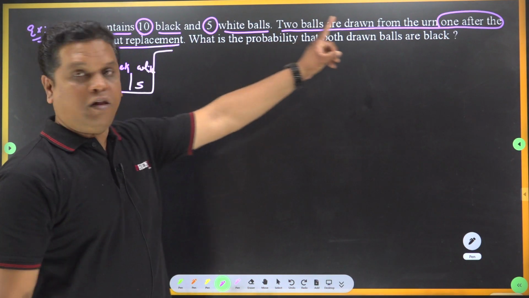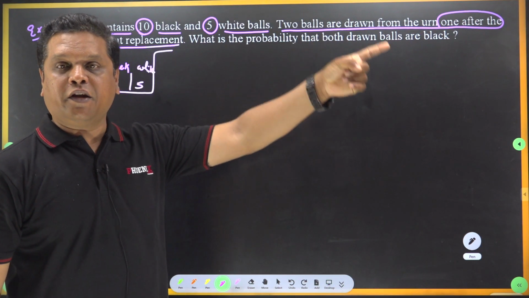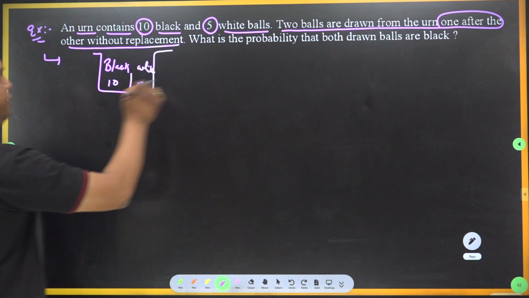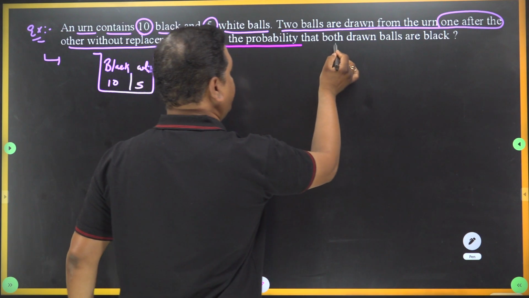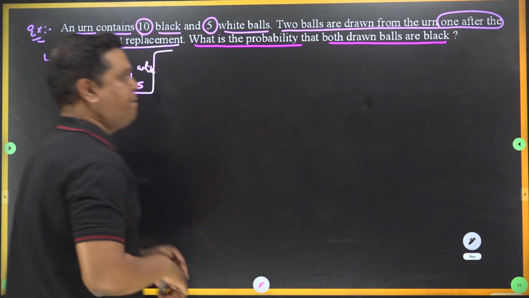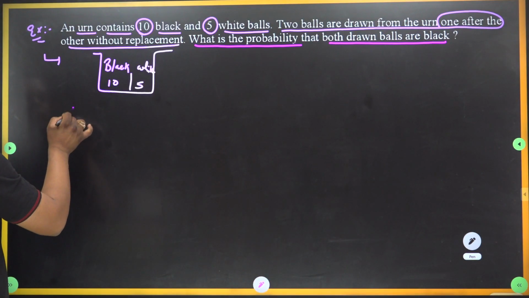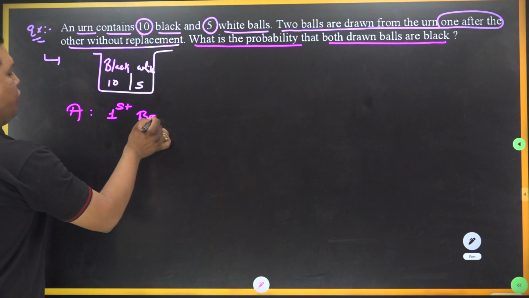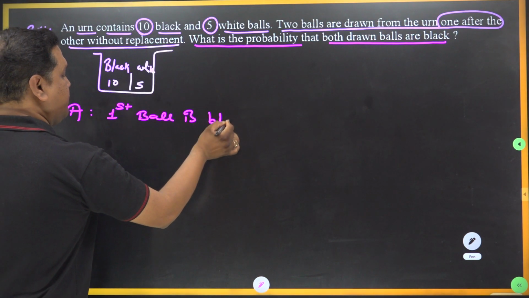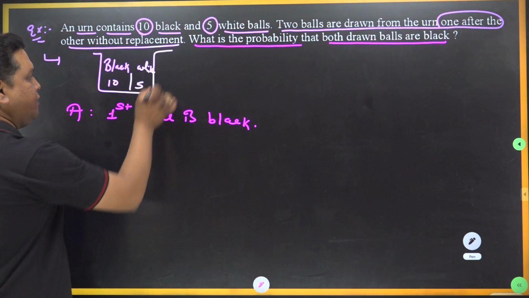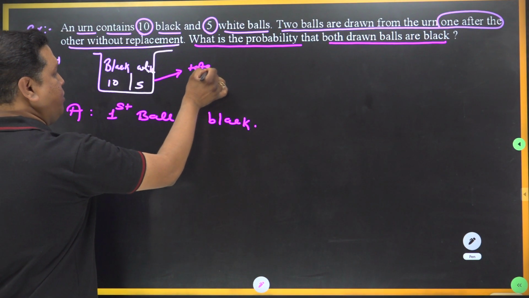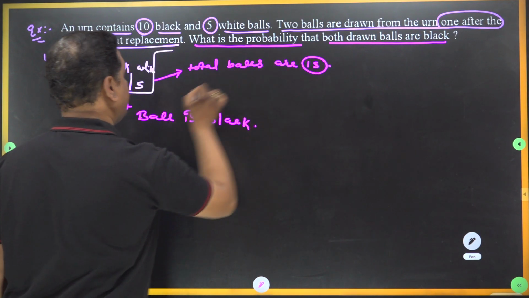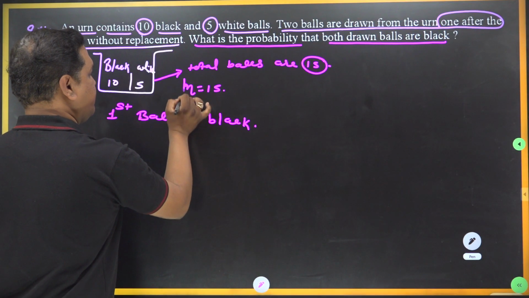So 2 balls are selected one after the other and do not replace. So first, what we want to find out, what is the probability that both drawn balls are black? Okay, so first ball is black. Total balls are 15. So n equal to 15.